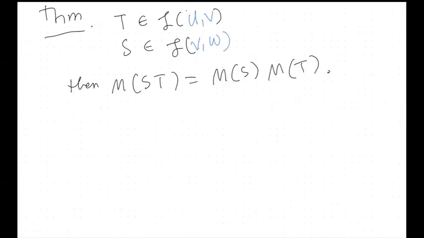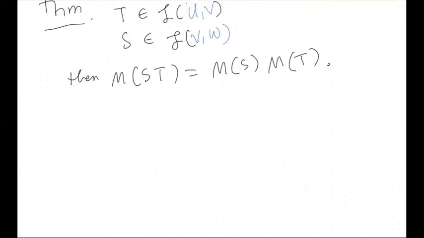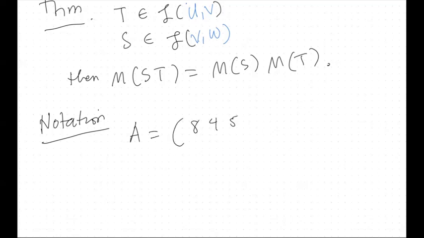Now we have some special notation. For example, your A here is 8, 4, 5 and then 1, 9, 7.